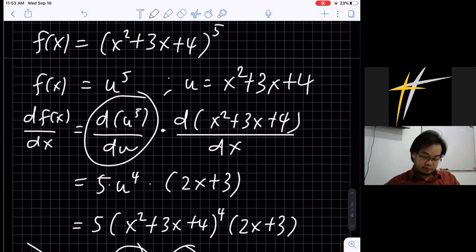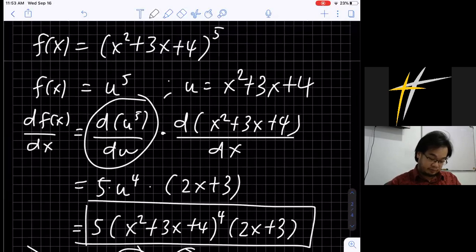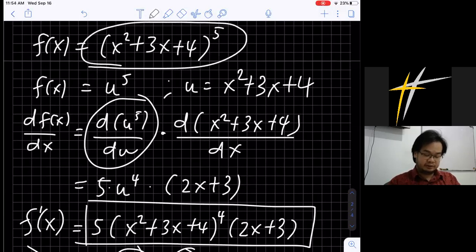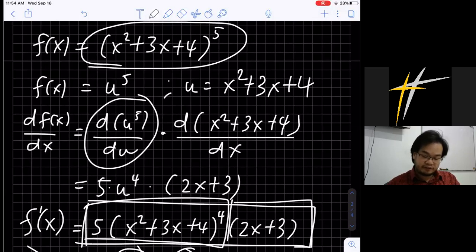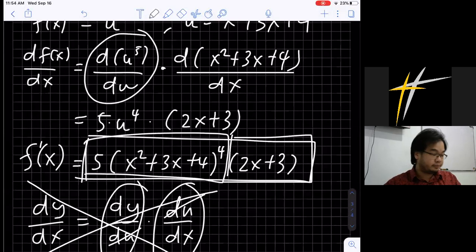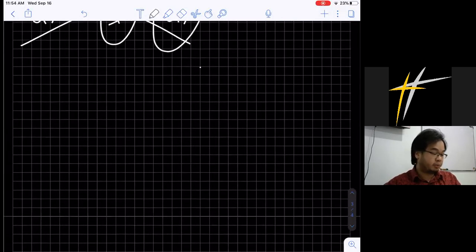So basically, the derivative f prime of x is the derivative of the outside function, 5u to the power 4, times the derivative of the inside function. So verbally, to derive a composite function, derive the outside function and then multiply it with the derivative of the inside function. Okay, clear? So let's try one more example.